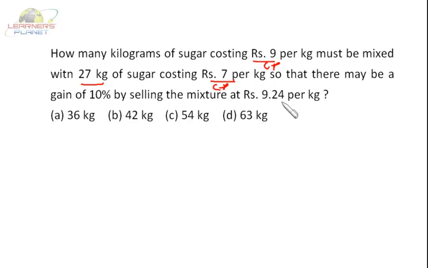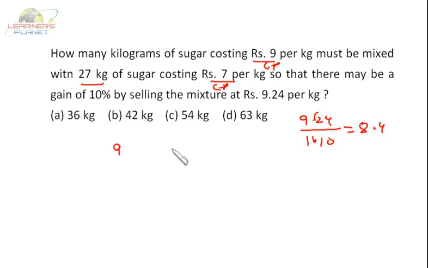Further, this is the selling price which cannot be compared with cost price in the method of allegation. So first of all, we have to find out the mean cost price, that is 9.24 by 1.1. So it is 8.4 rupees per kilogram.